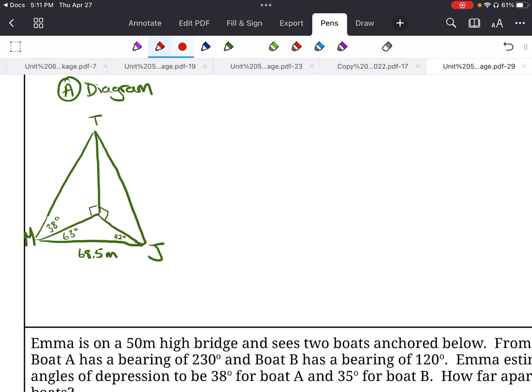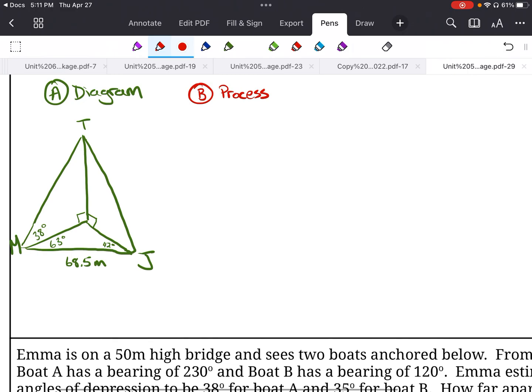Okay, step 2, or B, is the process. So what are we going to have to do in order to solve how tall the cliff is? First thing we need to do is find angle A. Okay, so A is right here.